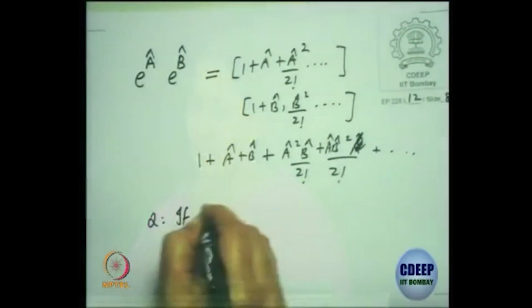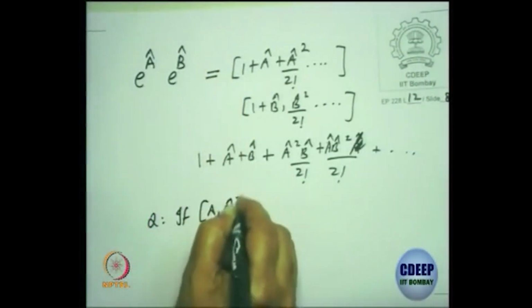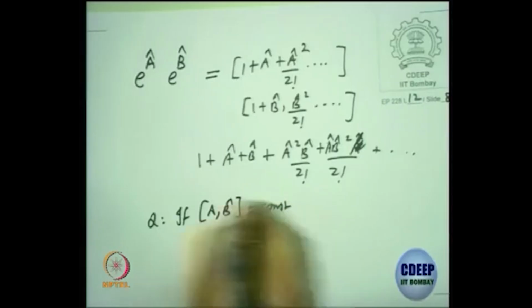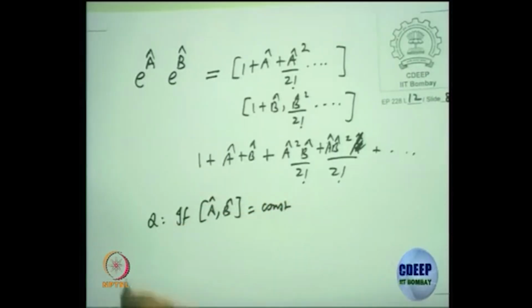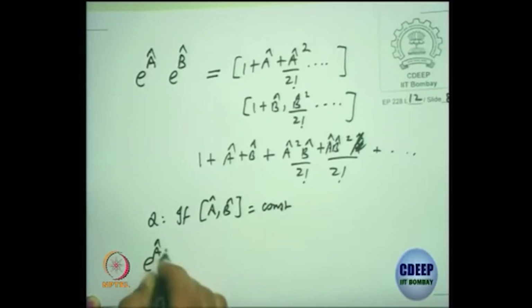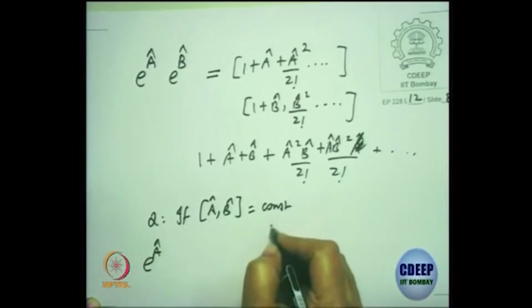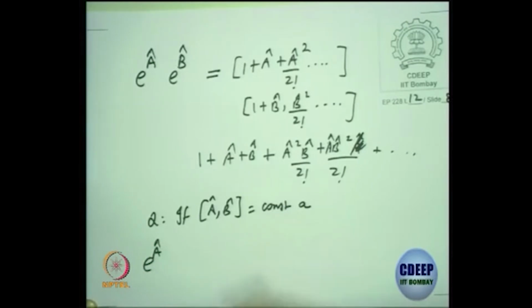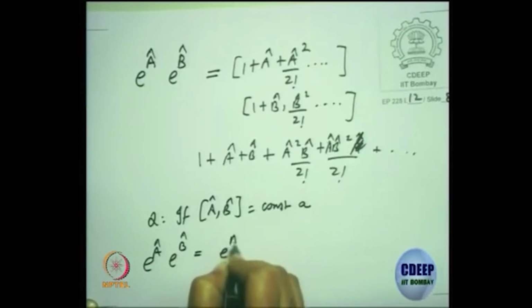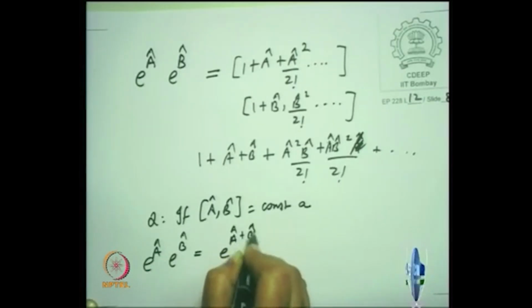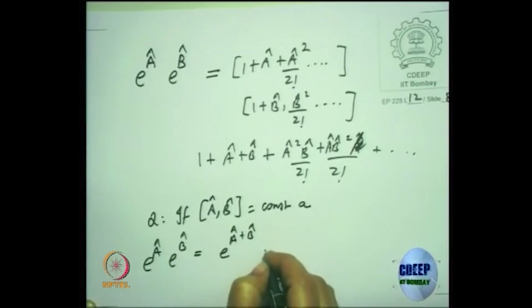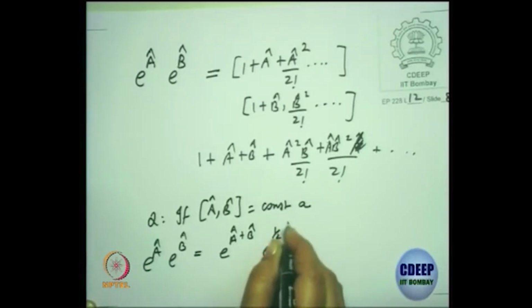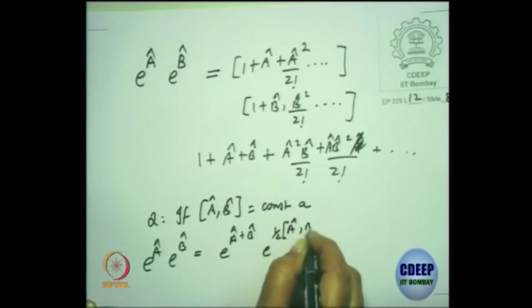Question is, if the commutator of a and b is a constant, let's call that constant some number, then I think you can show that e to the a times e to the b is e to the power of a plus b times e to the power of half of the commutator of a with b.